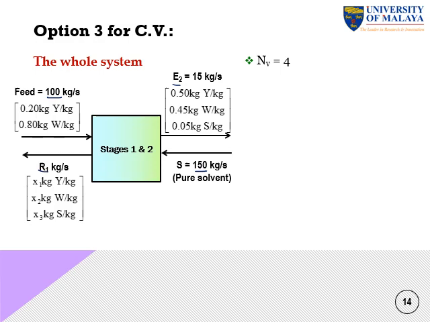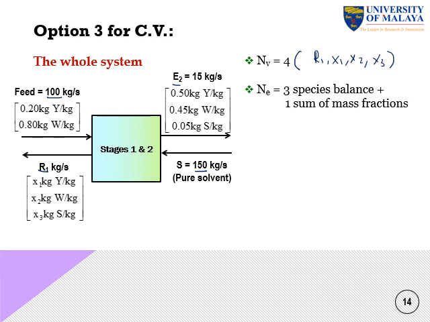So you can do a DOF analysis also. Here we have 4 unknowns, which are R1, X1, X2, X3. And then you have 3 species balances, Y, W, S, and 1 sum of mass fraction, so this one equals 1. So the DOF looks like 0 here. You can start either at the whole system or at stage 2, up to you.